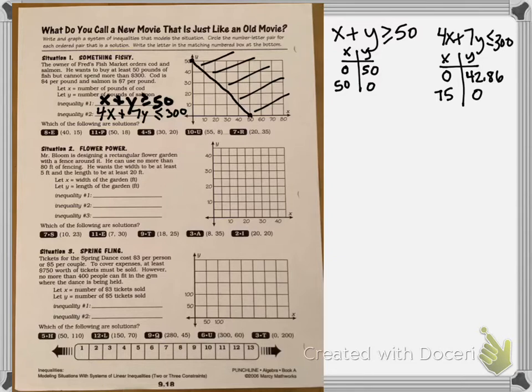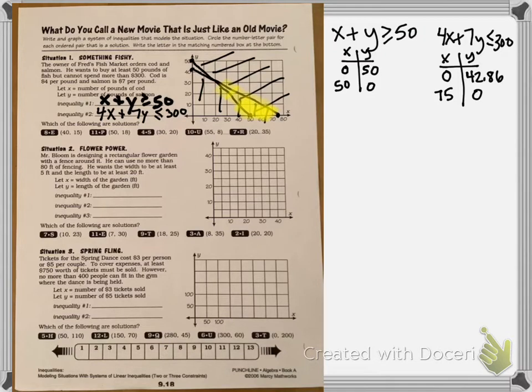So to graph that, my y-intercept is 0, 42.86, so that'll be right around here. And then my x-intercept is 75, 0. I'm going to give a little sketch here, and it is less than or equal to, so it's going to be shaded below. What happens is that you get this feasible region right in this area.